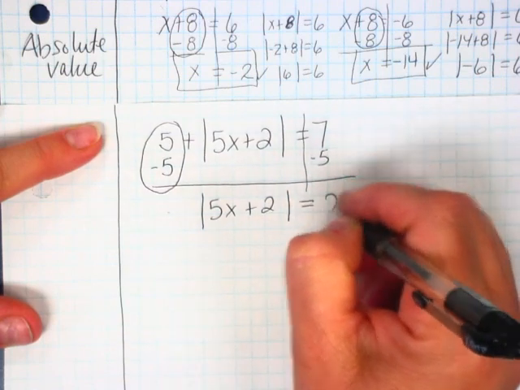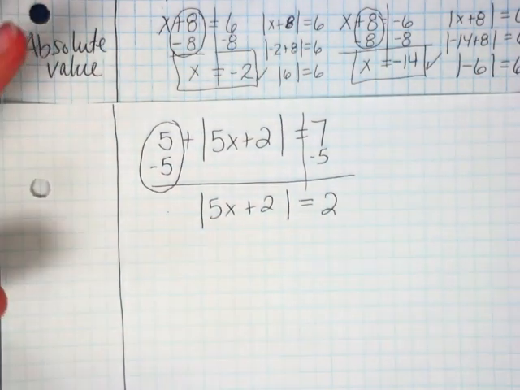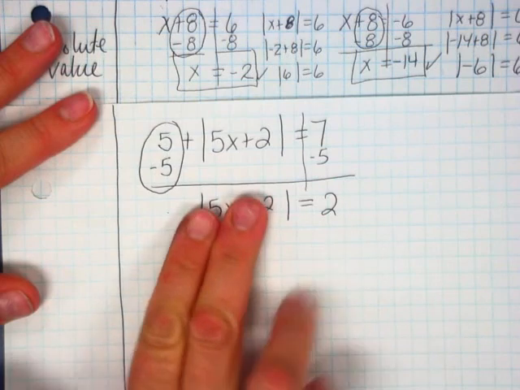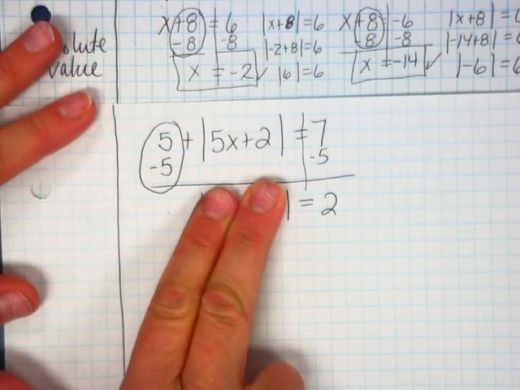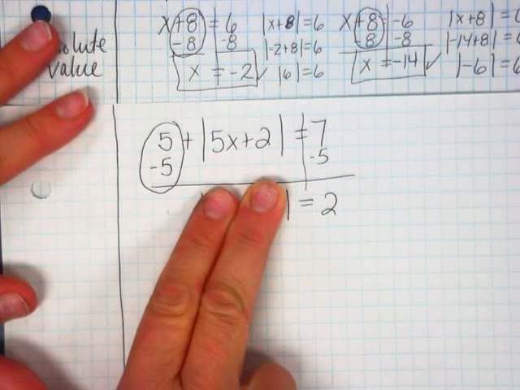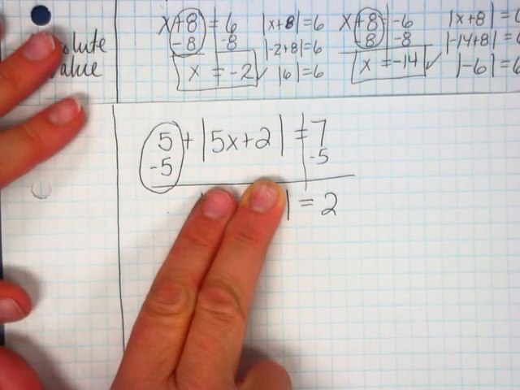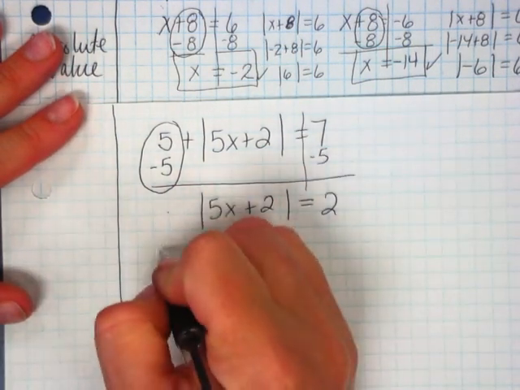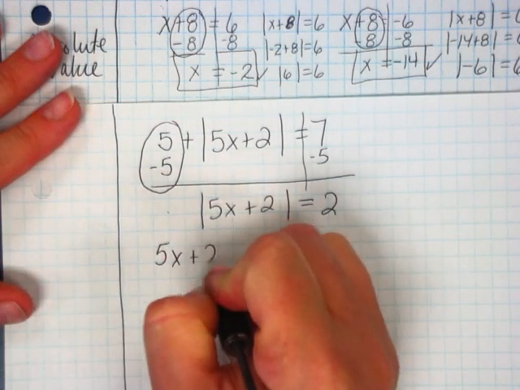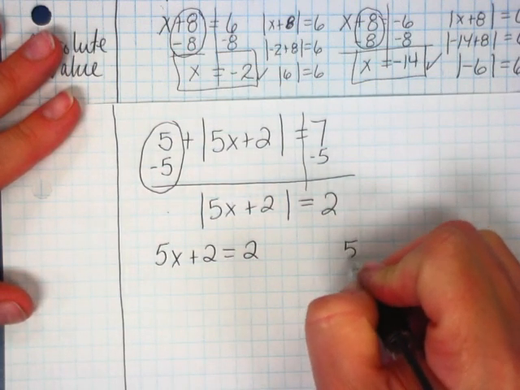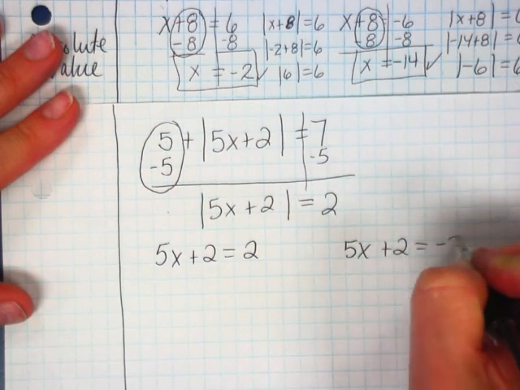It just means that I'm looking at a positive. And now you know whatever's inside this absolute value has to equal 2. So the absolute value of 2 would be 2, and the absolute value of negative 2 would be 2. So we want to know when this equals 2, and when this equals negative 2.